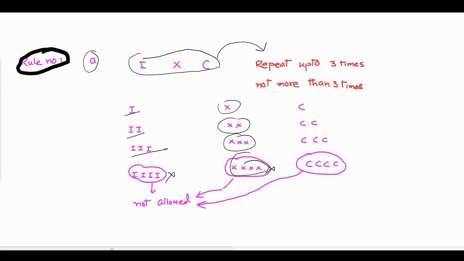We can write C like this, 200 like this, 300 like this, but we cannot write 400 like this. So we can repeat these three symbols thrice, not more than that.